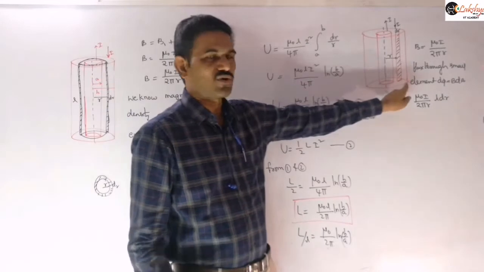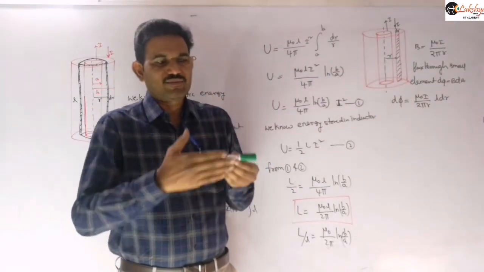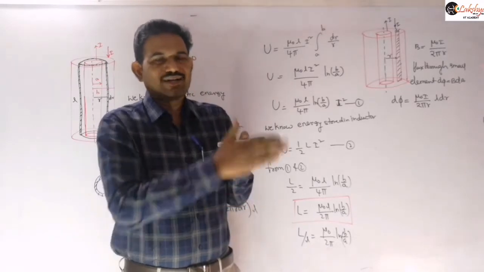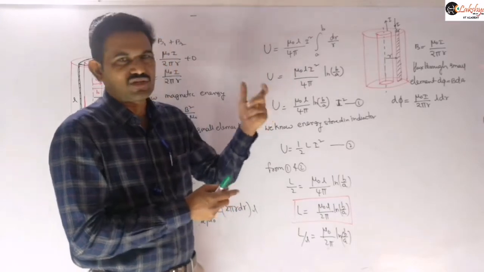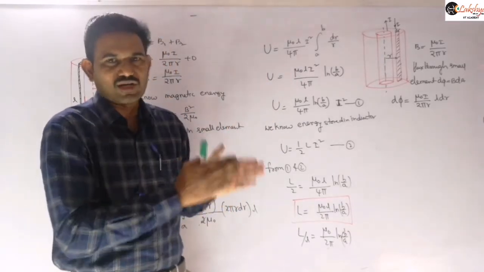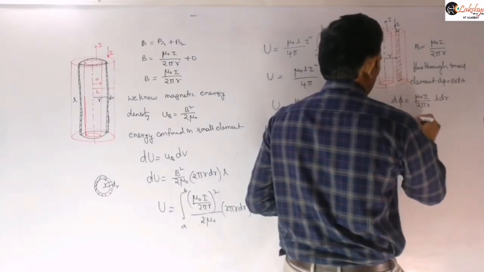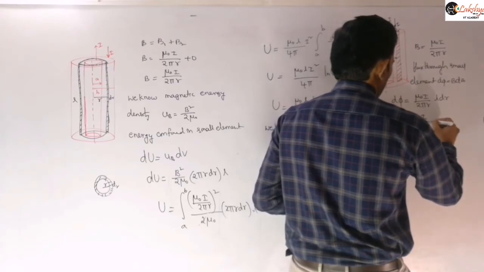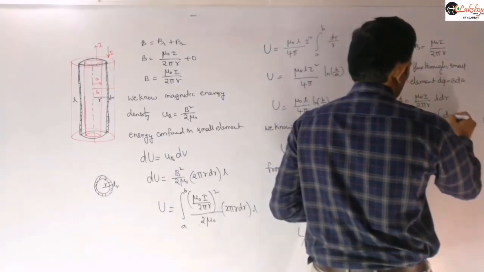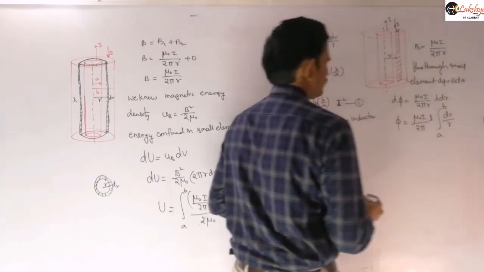Now this element is not cylindrical, you need to note that. It is in between the two pipes, so you get a plane, in the diametric plane of those two cylinders. In between the two shells we are taking a small planar element like this. So phi is equal to mu naught I l by 2 pi into the integral, and the only variable is r, which varies from a to b.